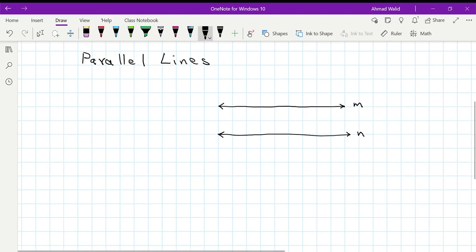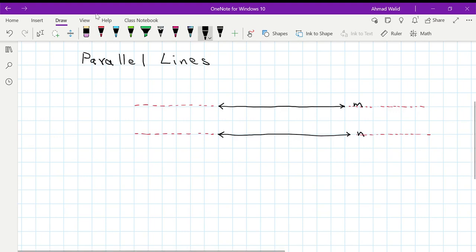You see, as much as I continue, as much as I extend these two lines, they are not intersecting each other. Or in easy English, they cannot meet each other in one point. It's impossible. And at the same time, you see both of them are on the same plane. Correct?